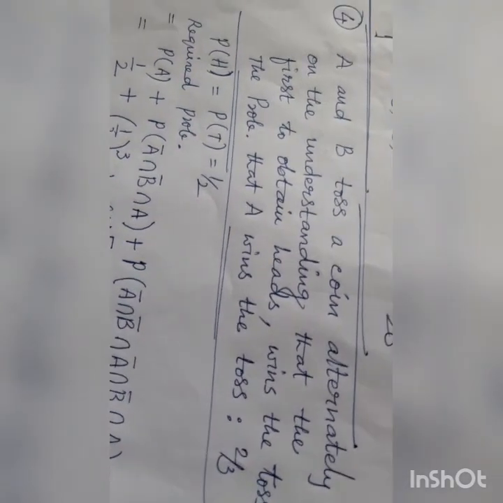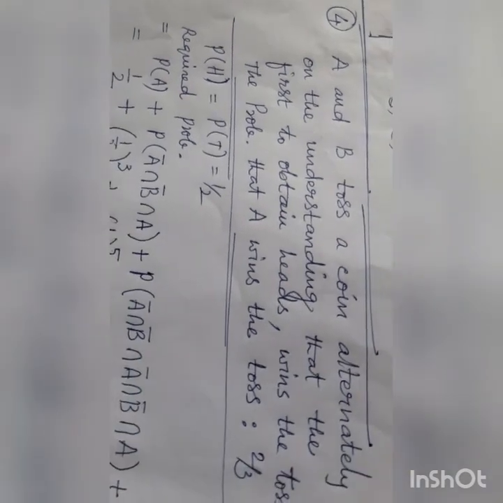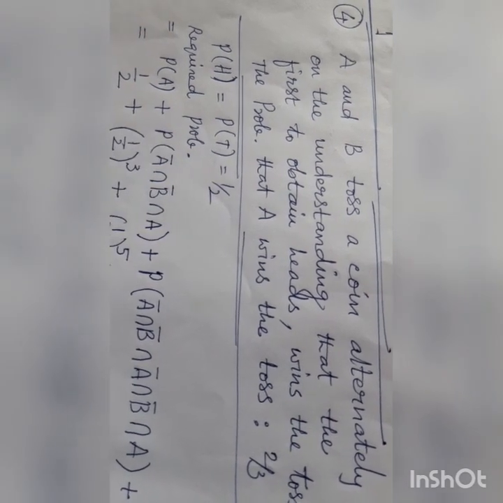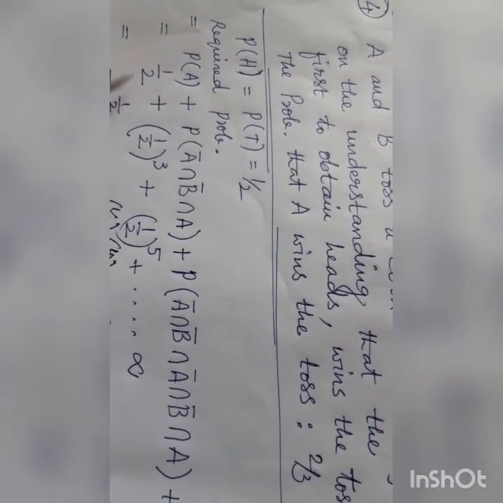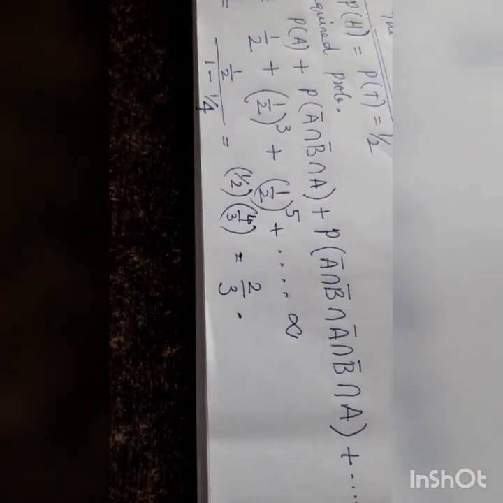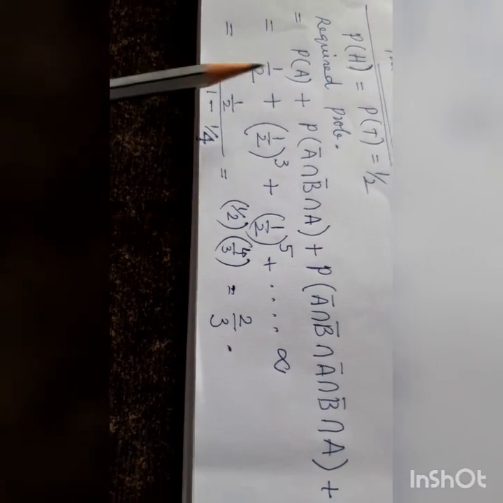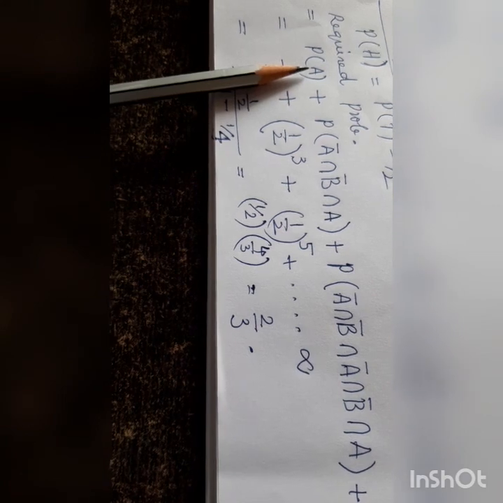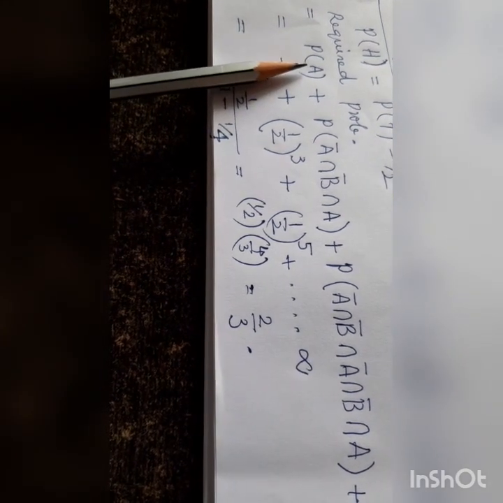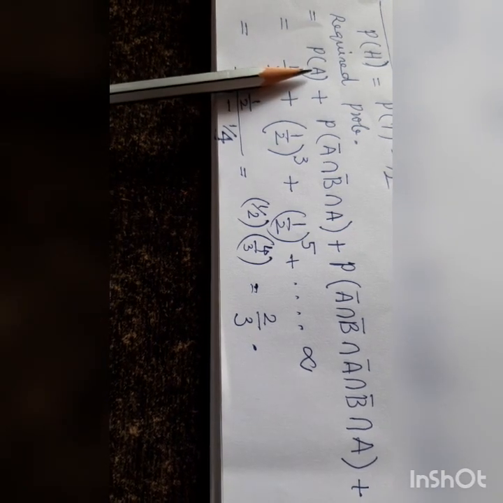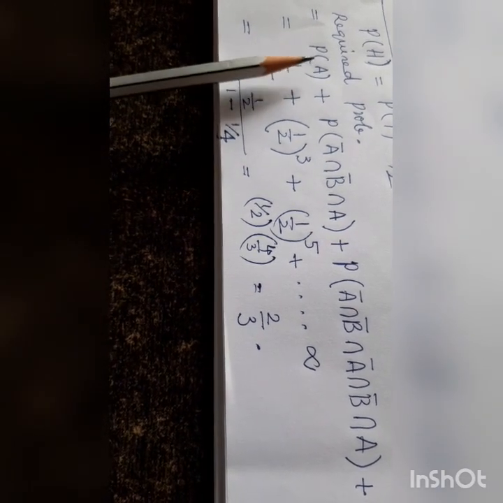For that, you see, head probability is 1 by 2, tail probability is 1 by 2. Required probability I am writing here: P of A. Observe, P of A means A tosses, A gets head first, suppose. Then he wins the toss. A wins the toss.